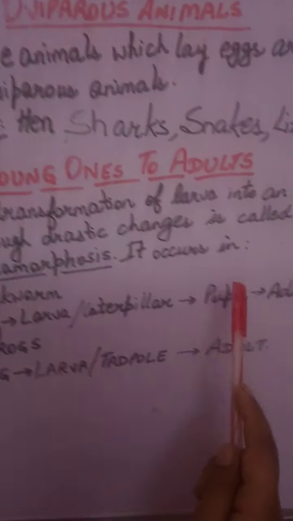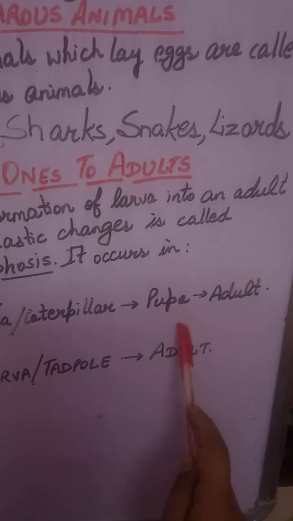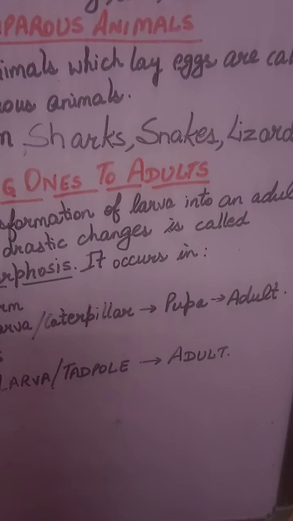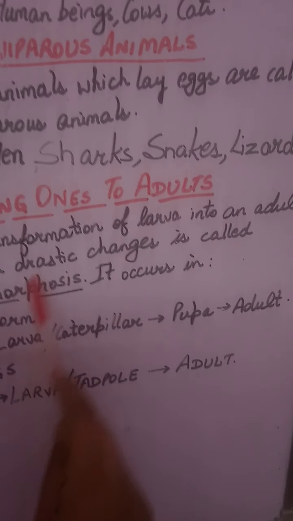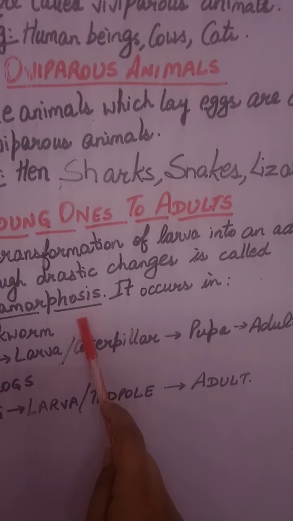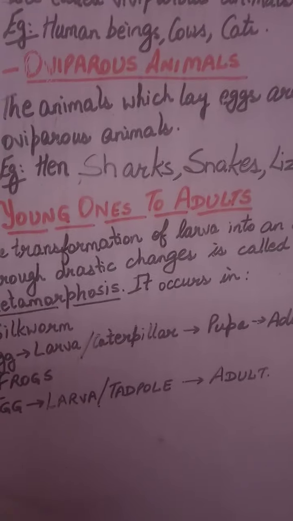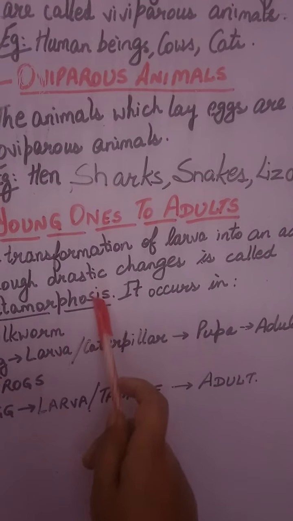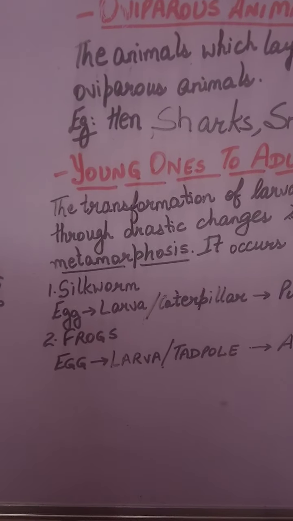Here the caterpillar or the pupa will not appear like an adult moth. So this type of development in which drastic, big changes are involved is termed as metamorphosis.